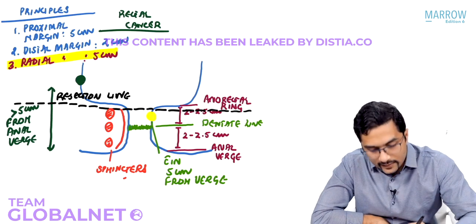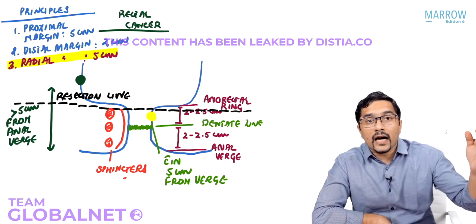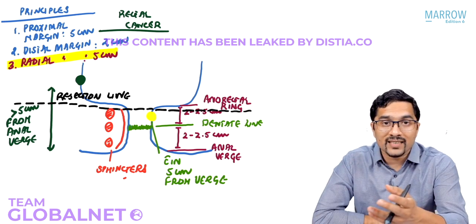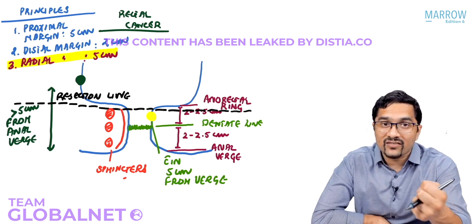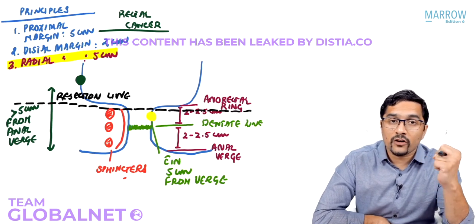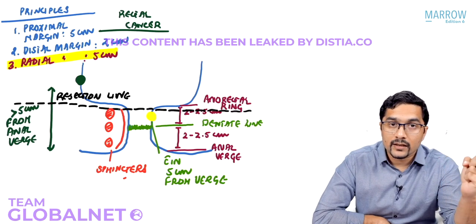Now you can see my resection line is going above the sphincters, right? I'm not destroying the sphincters. The sphincters are getting saved. And if the sphincters are getting saved, the patient will remain continent.